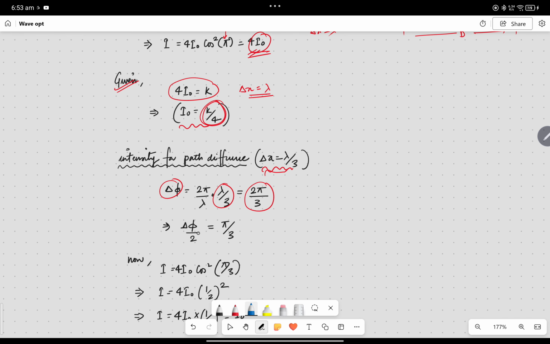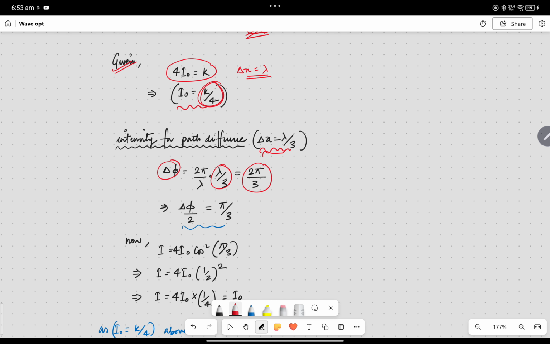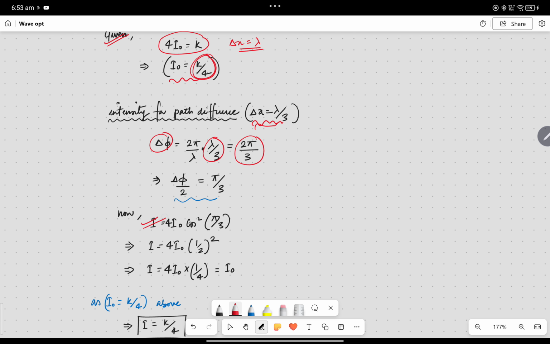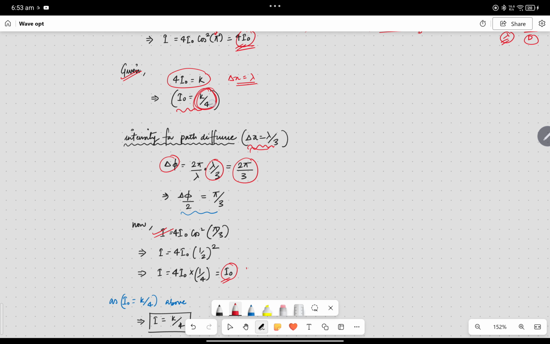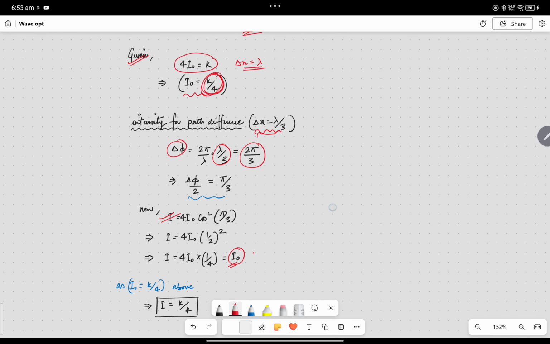So delta phi by 2 is equal to pi by 3. After putting that value, we got I = 4 I naught cos square pi by 3, so I = 4 I naught into (1 by 2) square, and I = 4 I naught into 1 by 4, which is I naught. As we know, the value of I naught is k by 4, so we just put the value of I naught here.